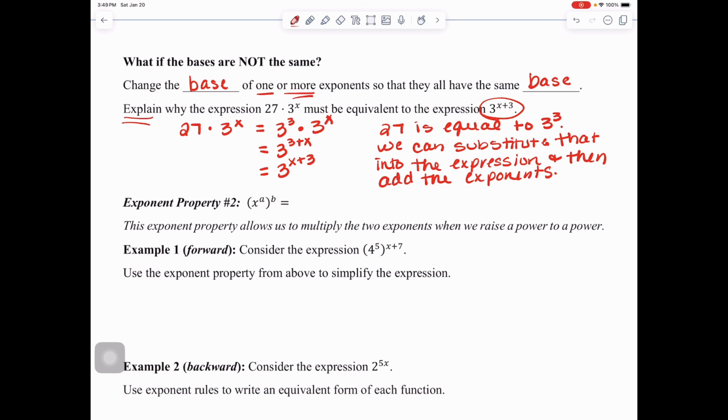So again, if the bases aren't the same, change one or both of them so that they are, so that you can use the appropriate rule.